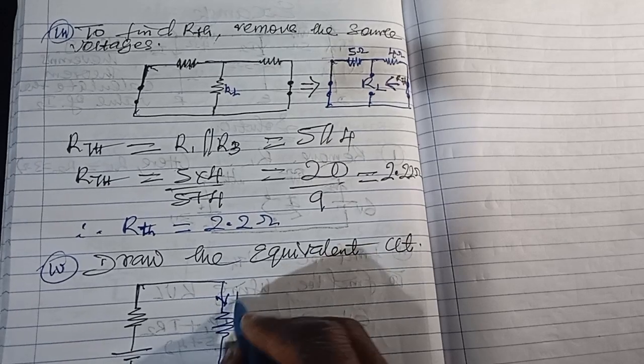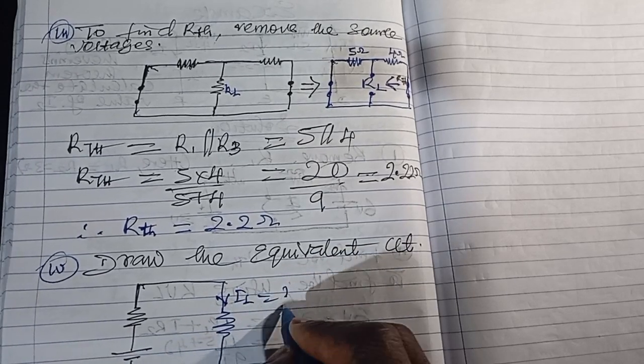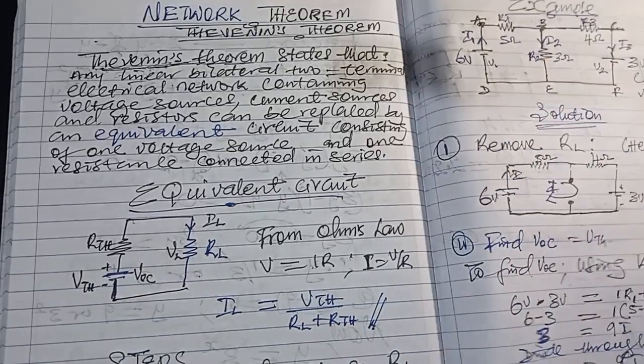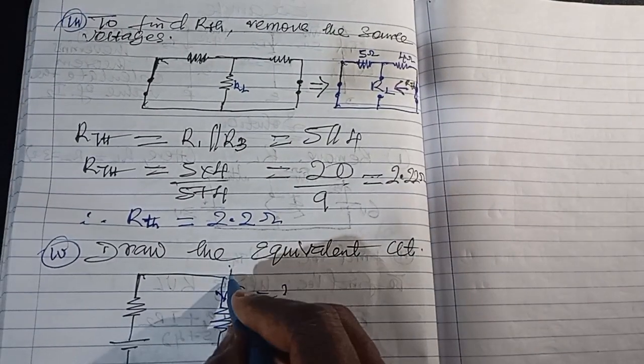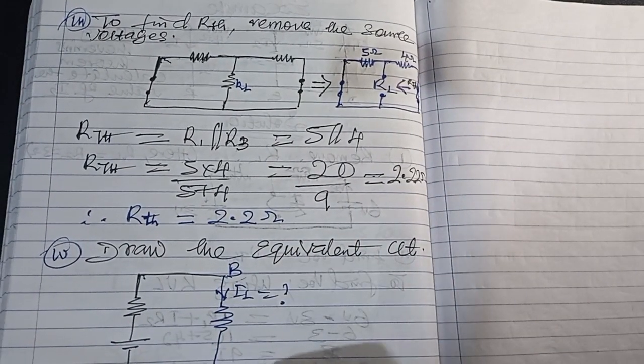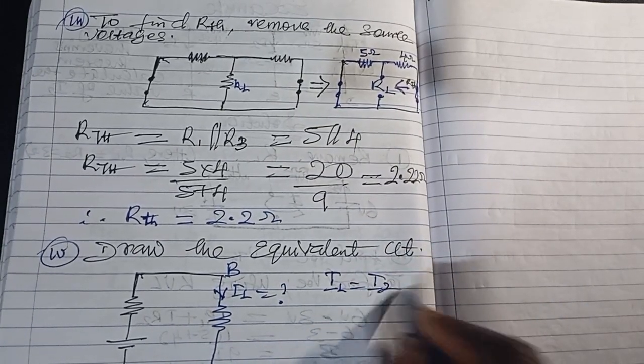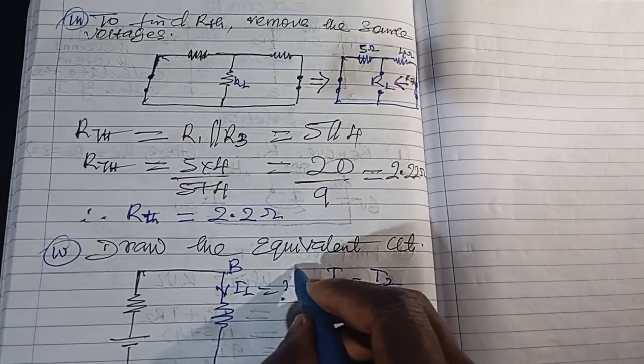So this is what we are required to find, IL, in the branch BE, the branch here, B and E. Remember that our IL is the same as I2.